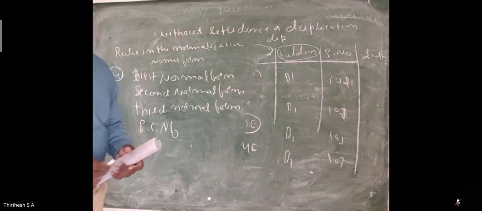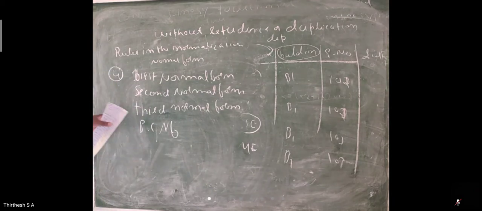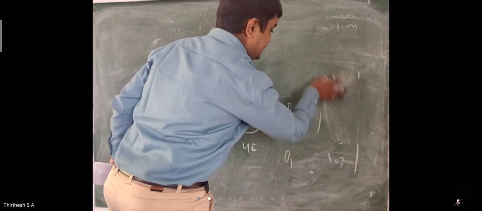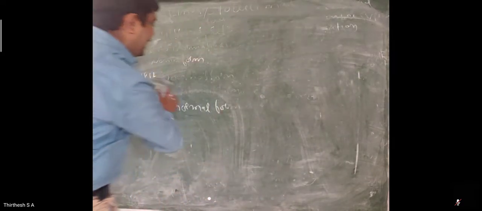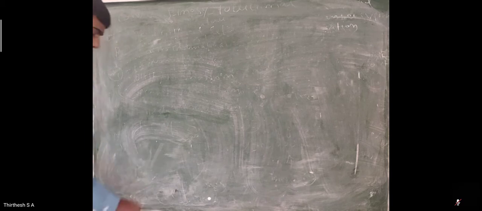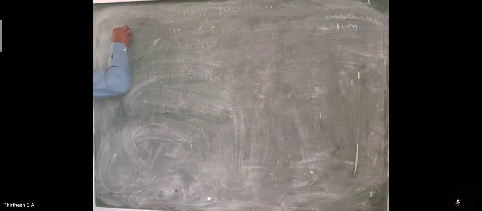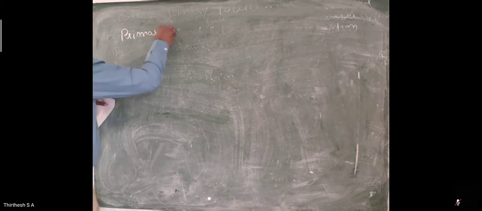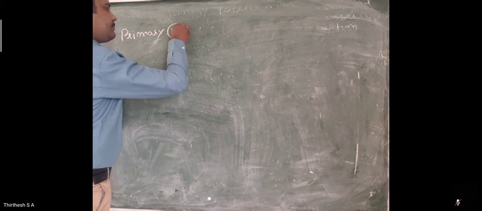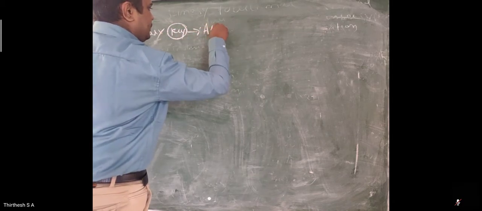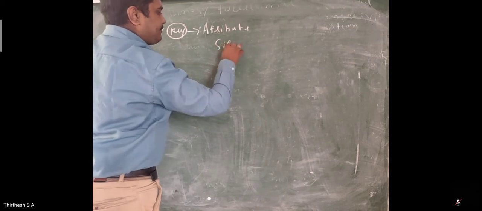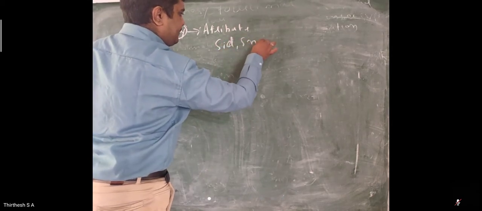So before this, you learn how we can reduce this data redundancy. So we have one concept known as primary key. What is a key? A key means it is an attribute, such as SID or SNAME.